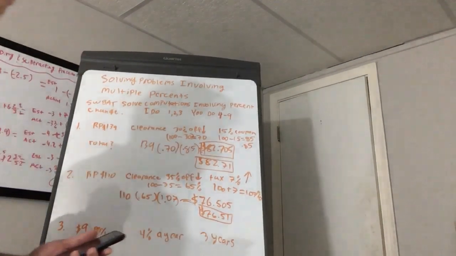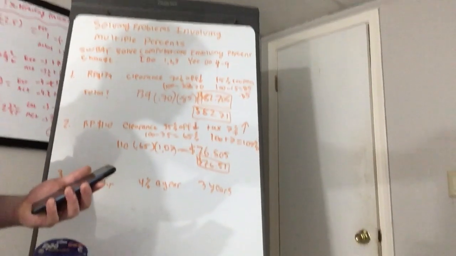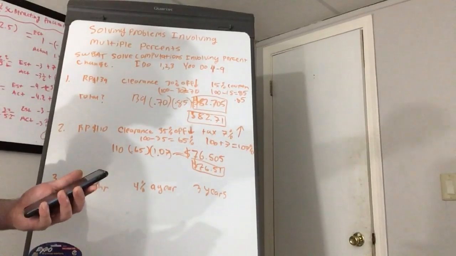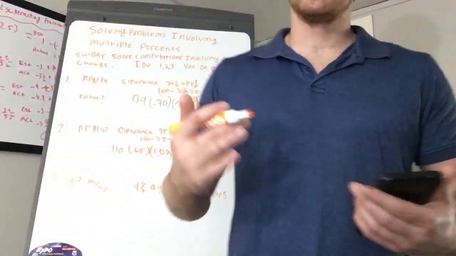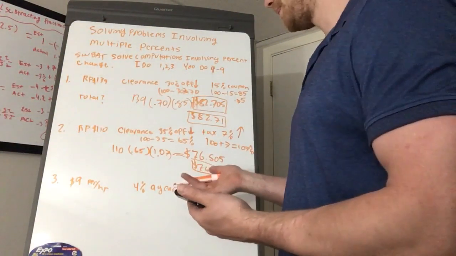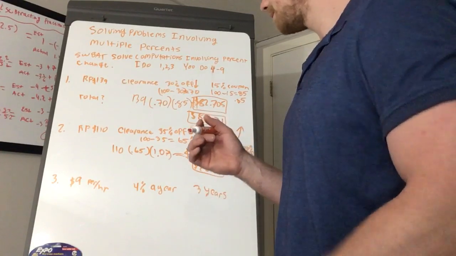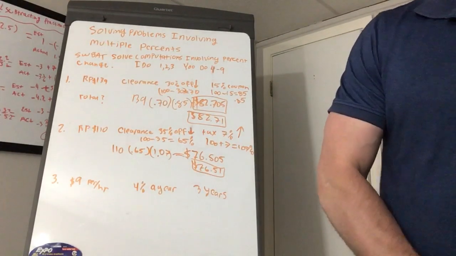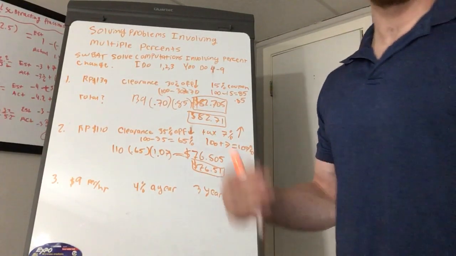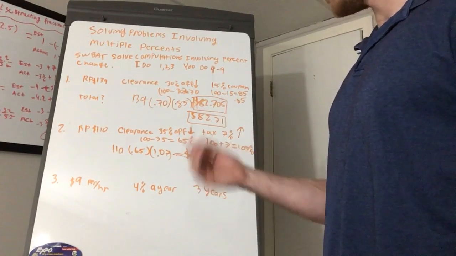Okay? Now, last problem. Scoot down just a wee bit. So now we're going to look at the next one. If you make $9 per hour, it says each year you make a 4% raise. So every year it's a 4% raise.